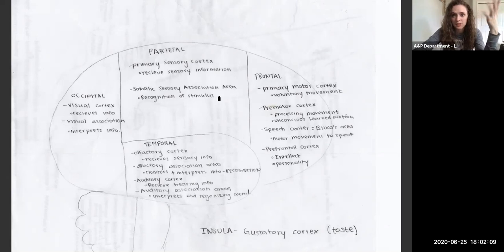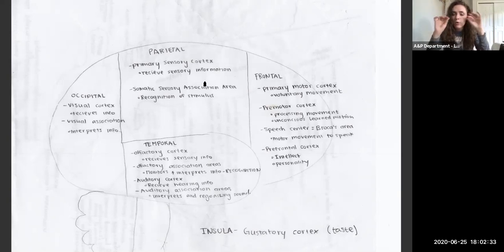Hopefully that makes sense. I'm going to say it one more time because I feel like that was confusing. Your association area receives the initial stimulus, recognizes that, hey, this is something that belongs in this part of the brain. Then it unscrambles it or interprets it in a way that makes sense to your brain and sends it off to your primary cortex.